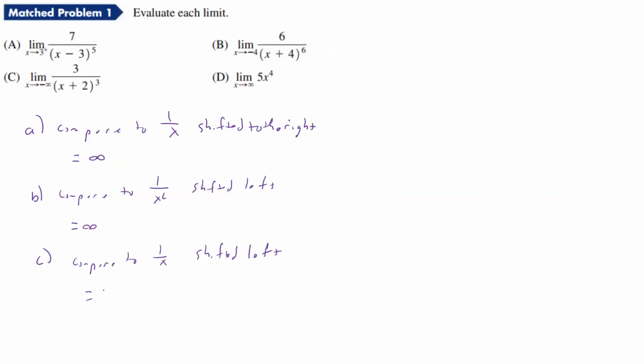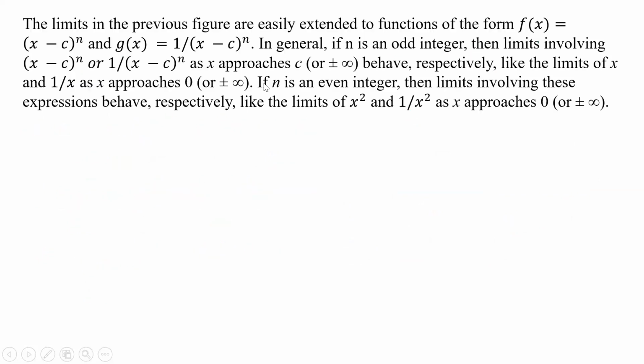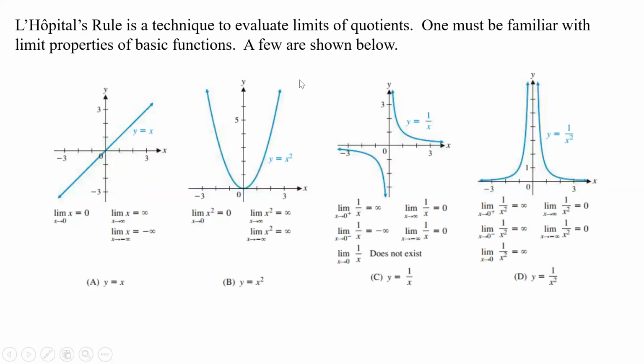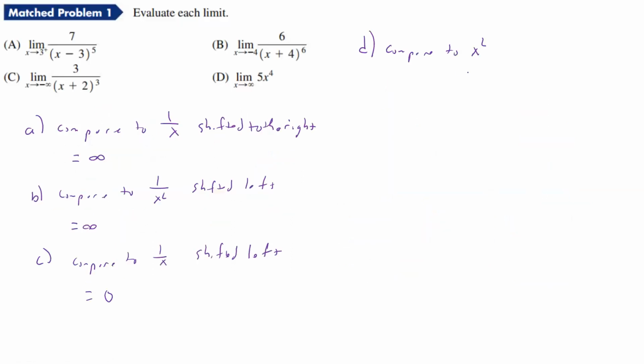So that's that one. Then maybe for D, we're going to compare to x squared. When we do that, as x goes to infinity, it's going to go up here and go to infinity as well. So it's going to equal infinity for that limit.